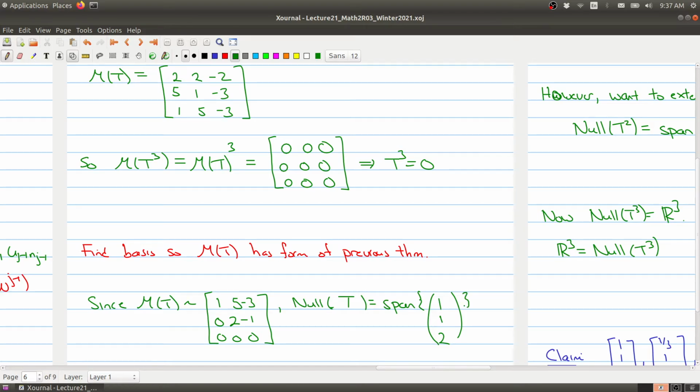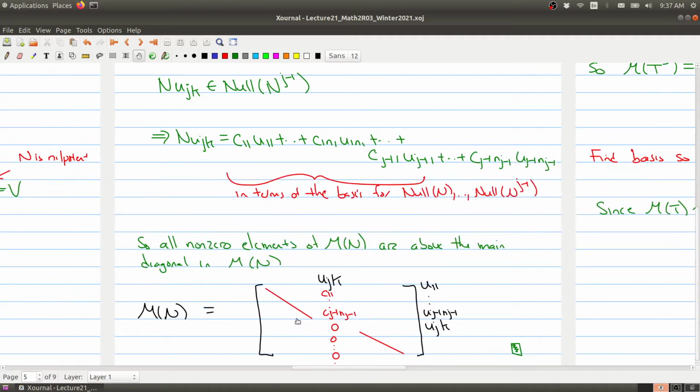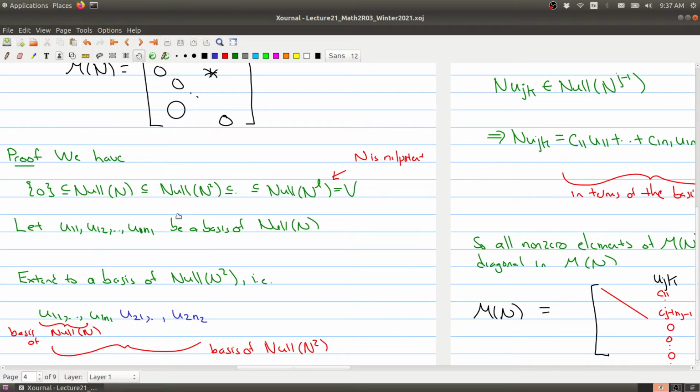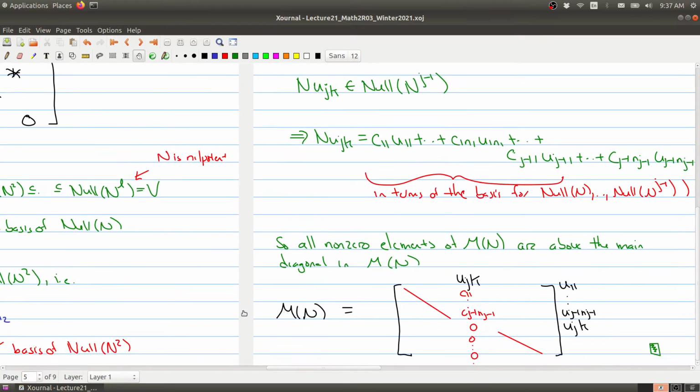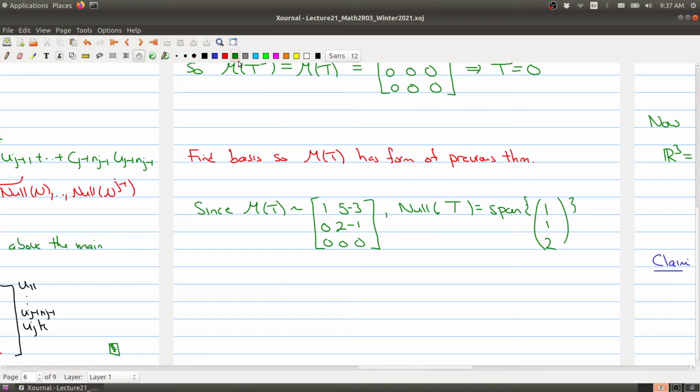I'm writing everything in terms of vectors, as column vectors. Now, remember, we also need to know the null space of the operator squared and then the operator cubed. We can do the same thing. The matrix of the square of this operator is the square of the matrix.